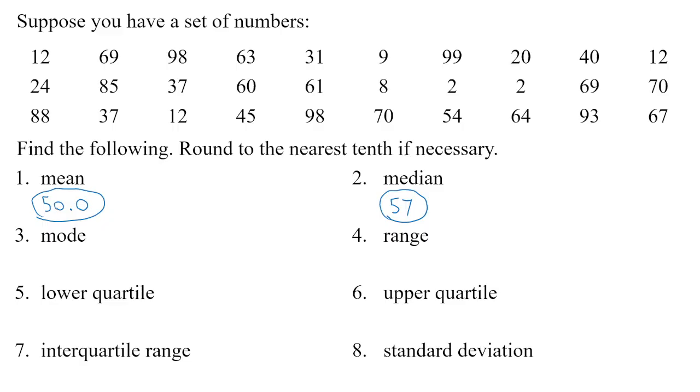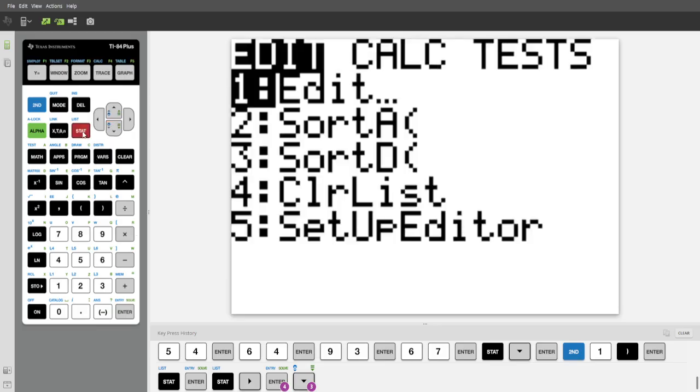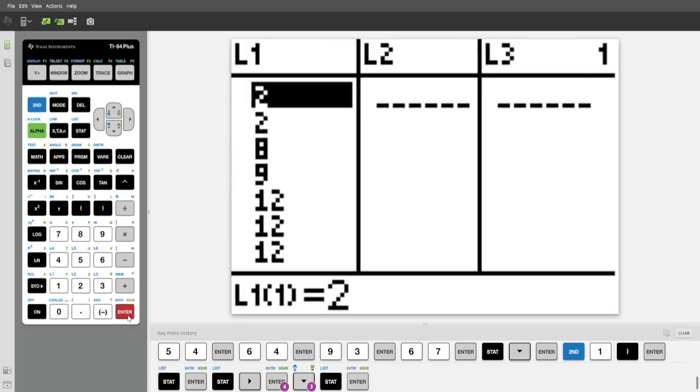Next, they want you to find the mode. Now, remember that the TI-84 calculator does not automatically calculate the mode. So to do that, you go to Stat and Edit. So now, as you can see, there are two 2s.